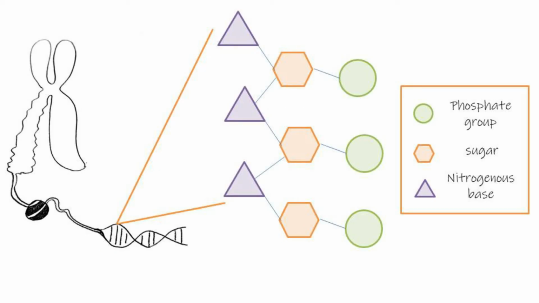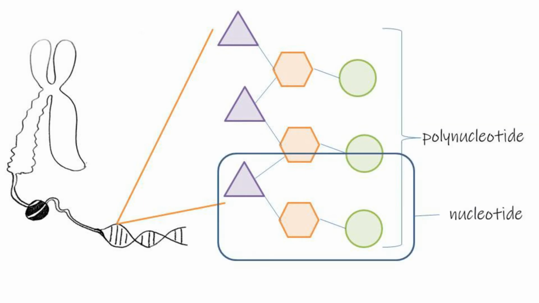If you look at this diagram, you can see each nucleotide is formed by a phosphate group, a 5-carbon sugar, and a nitrogenous base. Nucleotides are joined together by bonds between the sugar of one nucleotide and the phosphate group of the next, which results in a polynucleotide with bases branched out along the sugar-phosphate backbone.